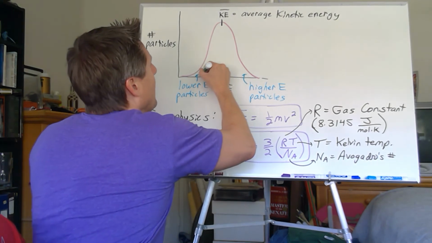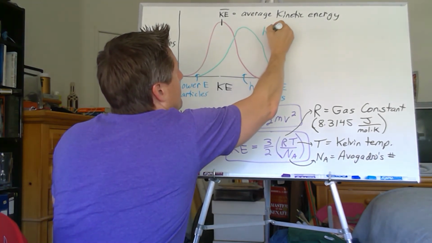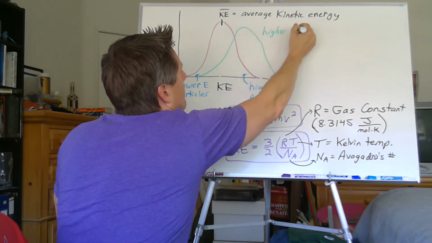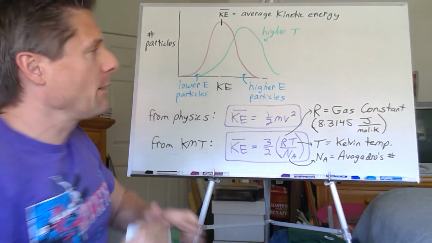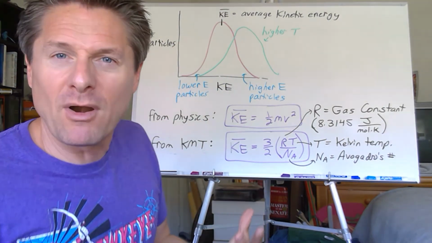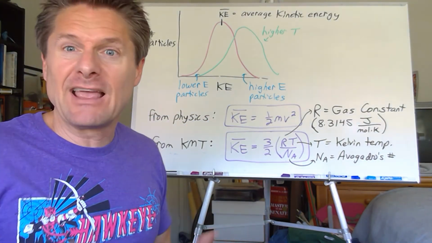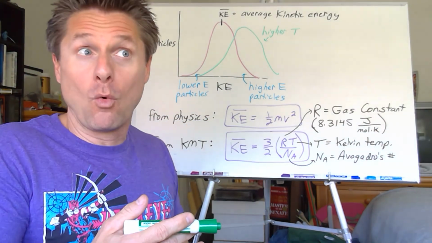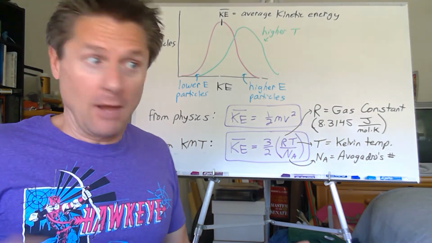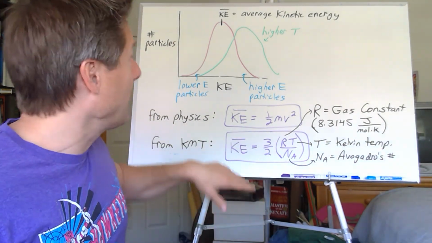So if we did a higher temperature, that would be a higher temperature. Now it's going to broaden out. It's going to lower and broaden out. Same number of particles. It's just at higher temperature, there's more available kinetic energies. It's like being in a room and only having one door versus 5 doors, right? If I have 5 doors, there's lots of options. But if there's just one door, everybody's packing in there, right?